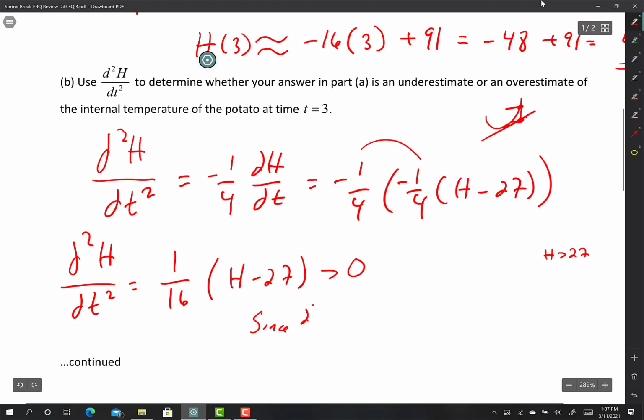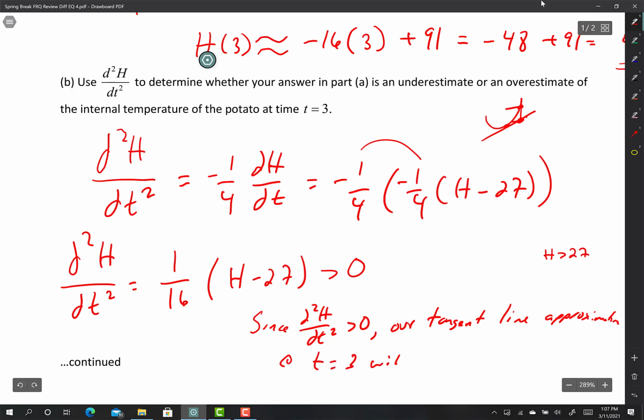Since the second derivative is positive, our tangent line approximation at t equals 3 will be an underestimate.